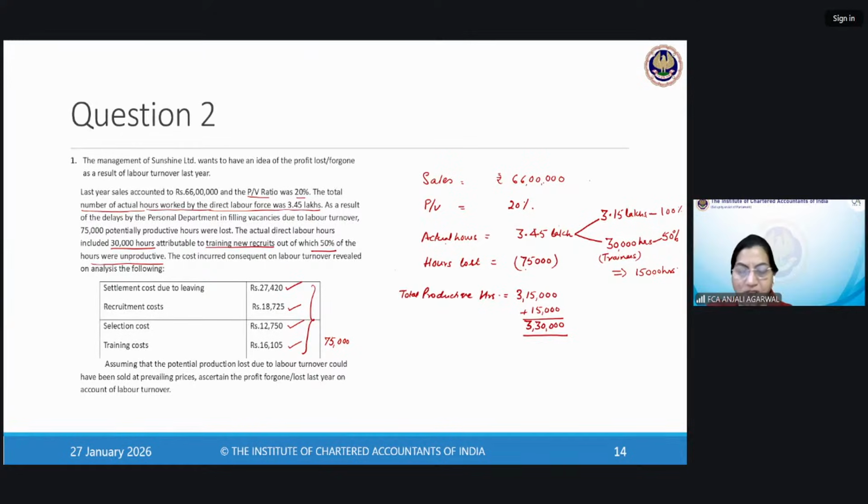This is your cost. Apart from this, what it is saying is that you have lost 75,000 hours. And this could have also been sold at the prevailing prices. So there is some opportunity cost as well because of the sales which we could not achieve during the hours lost.